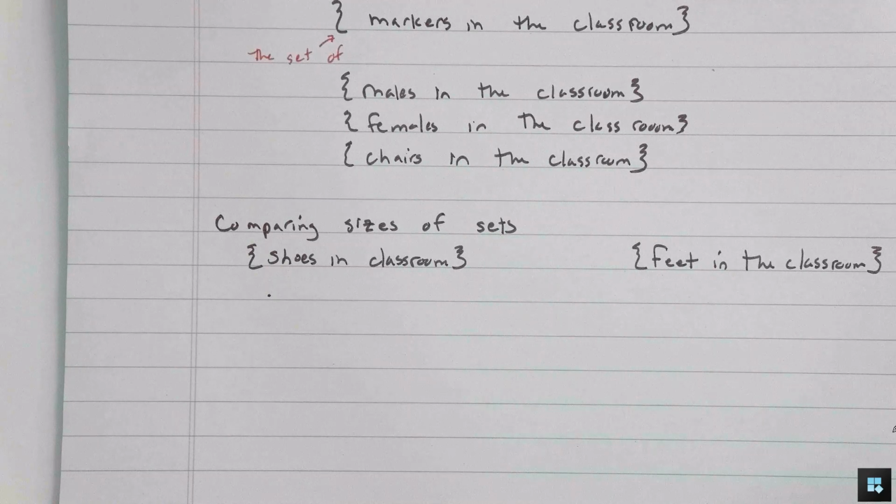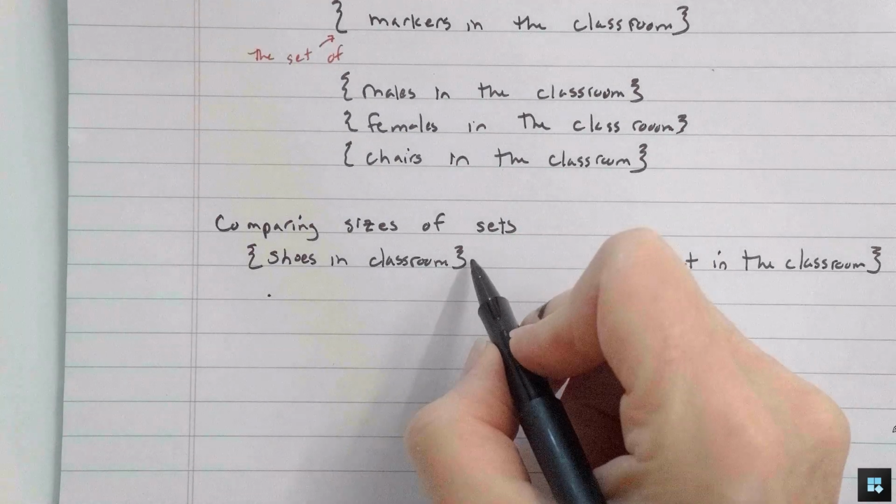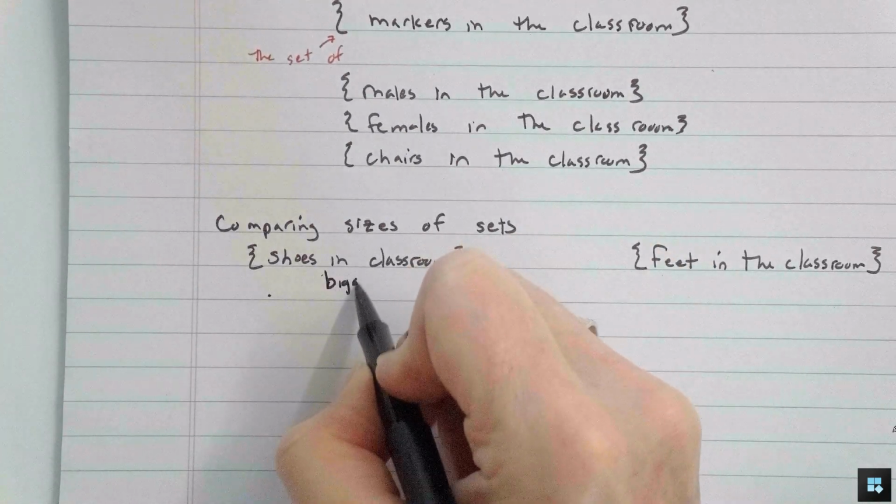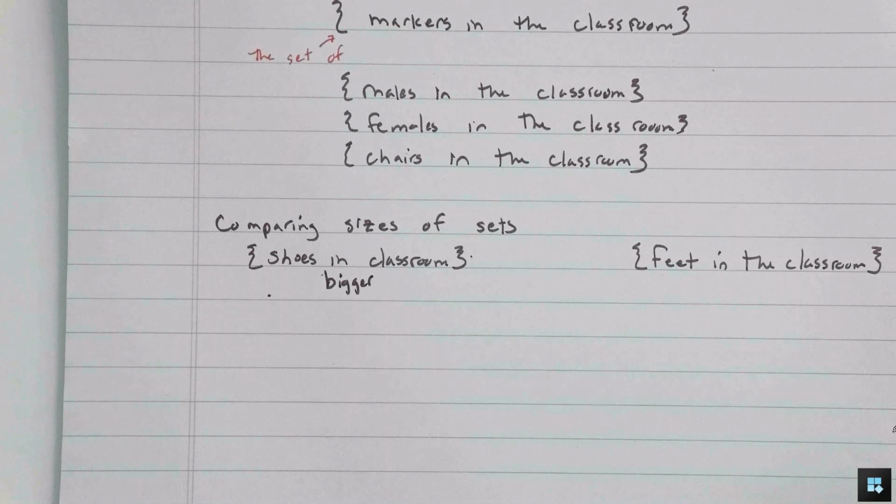So which set is bigger? Shoes or feet? Shoes, yeah. Assuming everyone has 2 feet. That's true. Well, even if you don't have 2 feet, you probably wouldn't need 2 shoes then. You can ask if they don't have more than 2 feet though. Yeah, good question. Does anybody have more than 2 feet? I think I kind of would have noticed.